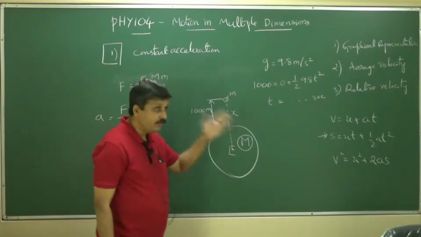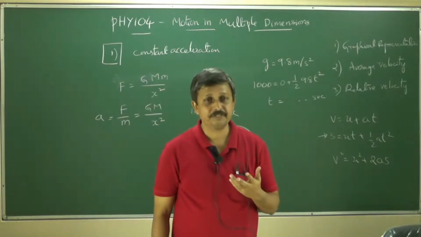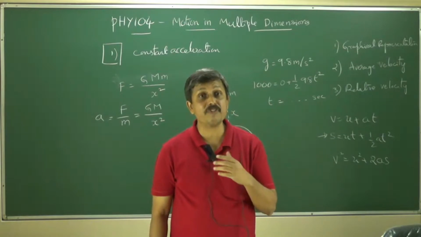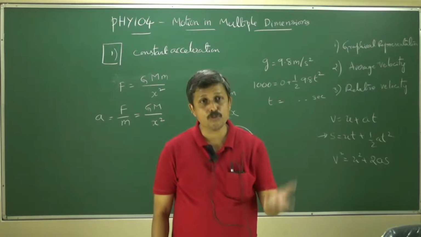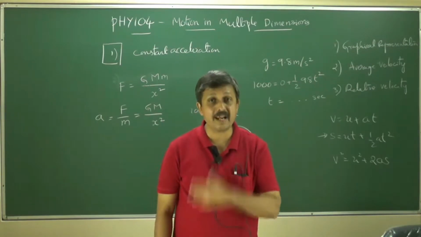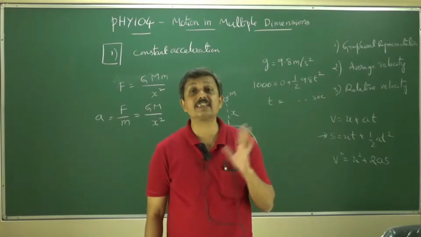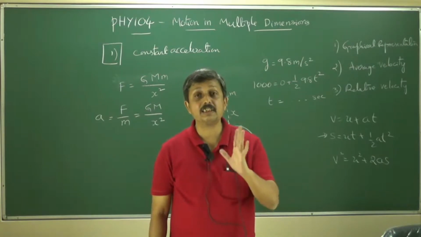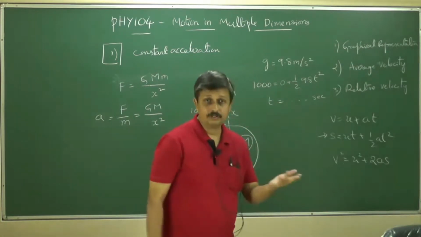Then we have to deal with proper accelerations, which are continuously changing. When we try to understand how Earth is moving around the Sun, or the Moon around the Earth, or other planet movements, the acceleration does not stay constant. Acceleration keeps changing.